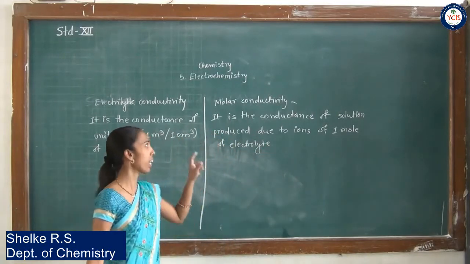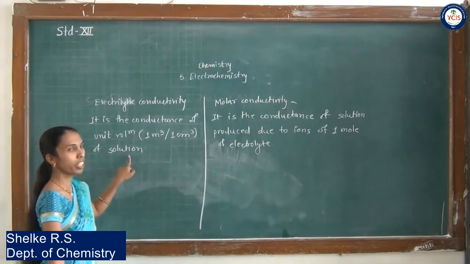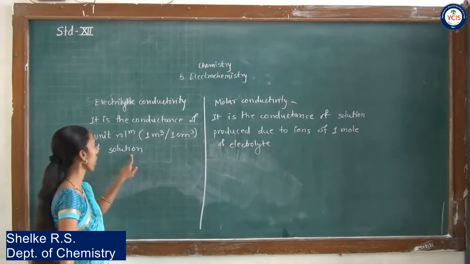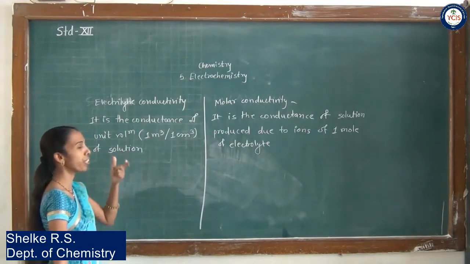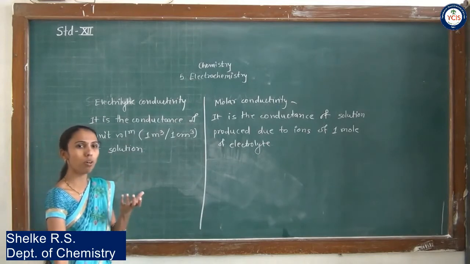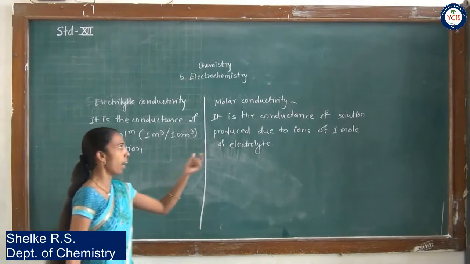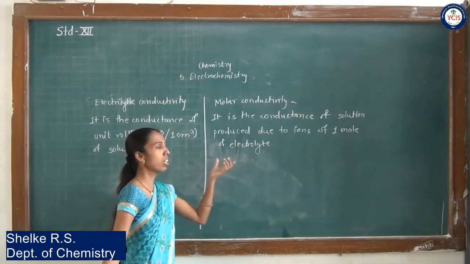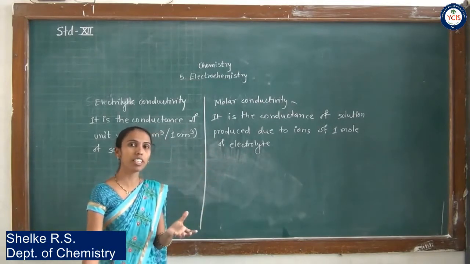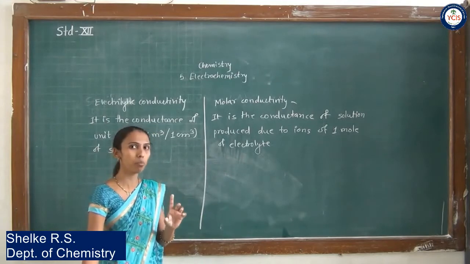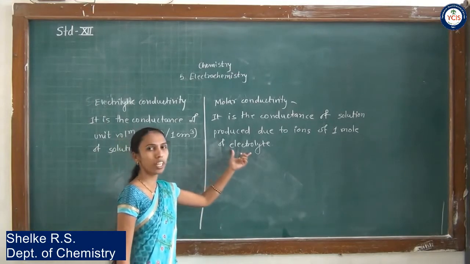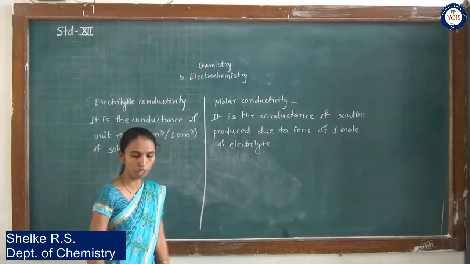बघा म्हणजे काय आहे, ज्यावेळेस तुम्ही इलेक्ट्रोलिटिक कंडक्टिव्हिटी कन्सिडर करताय, दॅट टाइम द कंडक्टन्स ऑफ युनिट व्हॉल्यूम ऑफ सोल्यूशन, दॅट व्हॉल्यूम ऑफ सोल्यूशन शुड बी द 1 meter cube or 1 centimeter cube, and molar conductivity is nothing but the conductance of solution which contains the electrolyte of 1 mole. Okay, त्याच्यामधला जो इलेक्ट्रोलाइट असणार आहे तो काय असणार आहे, 1 mole of concentration.